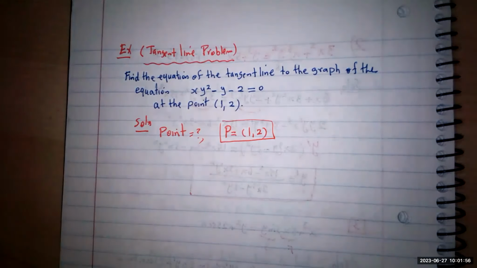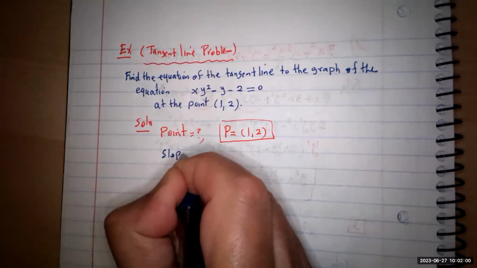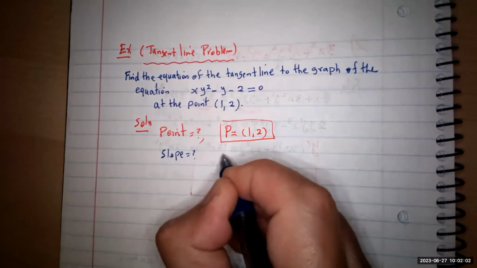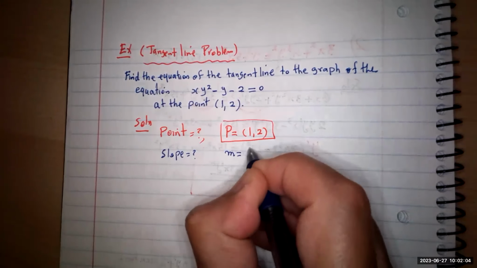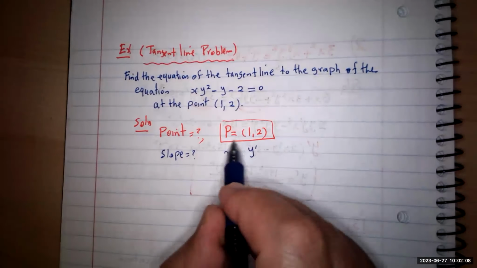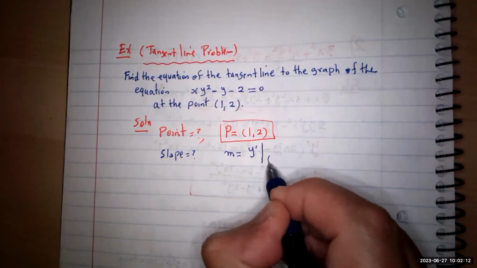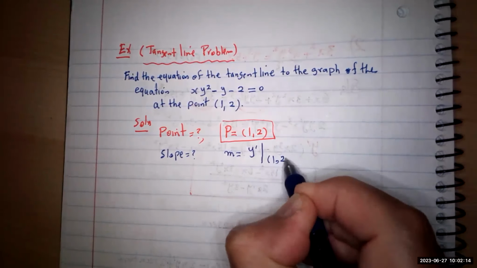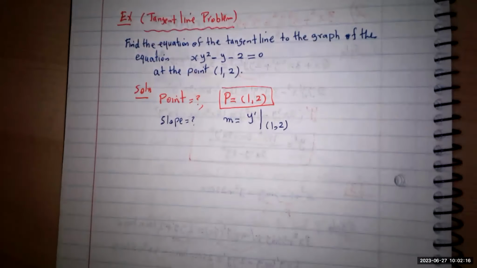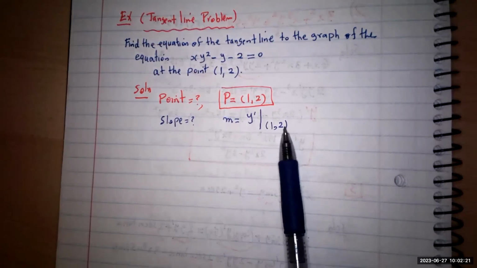But you need the slope. This is calculus. The slope is always the derivative. So m is going to be y prime, but it's going to be y prime when you evaluate it at these points. This is the notation they're going to use, and sometimes you have it in some problems in your book. I just want to make sure you understand it. They say the slope is y prime at (1, 2).